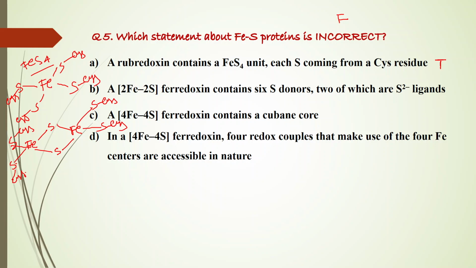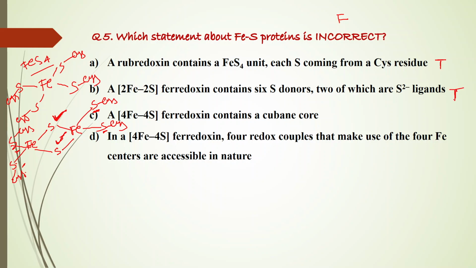Out of these 6 donors, these are the S2- ligands. They are not part of cysteine. They are directly S2-, and the other 4 sulfur atoms are part of cysteine residues of the protein. So yes, the second statement, statement B, is also a true statement.